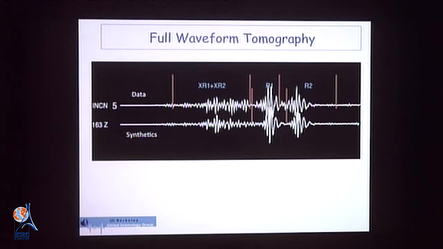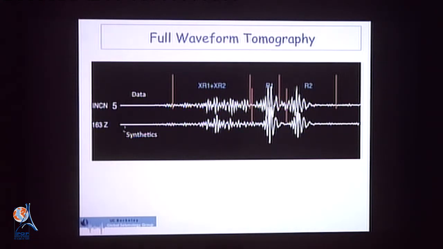So the idea is then to try to exploit the information contained in the full seismogram. The data will now be the whole registered waveform from some earthquake to some station, which we then compare with synthetics computed in a 3D model.